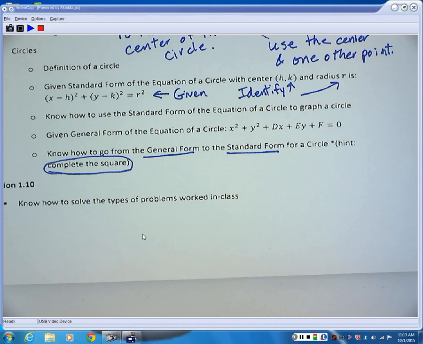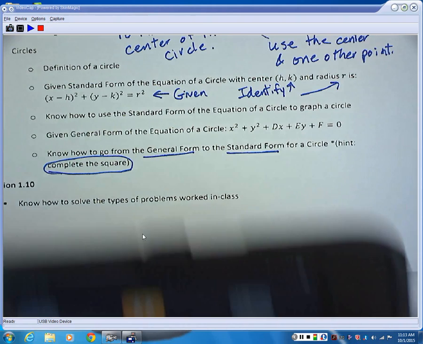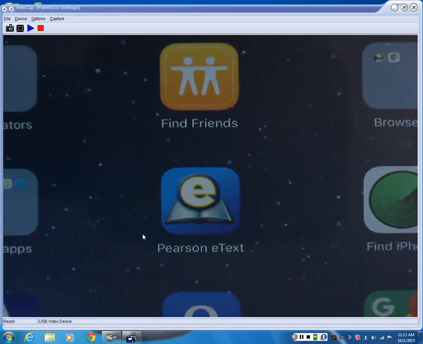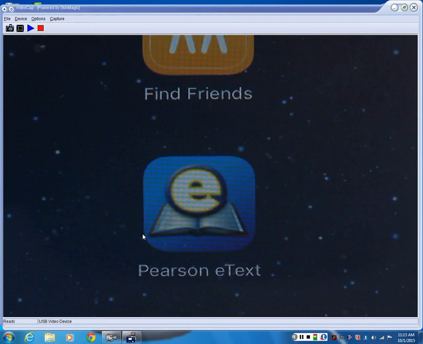So if you got these, let's see, Pearson, I've shown you this before, I'm sure. Again, you can look at the textbook, it's Pearson eText. It should be free, it is free, and it's available on iPad and tablets, so it's a handy way to look at your book.